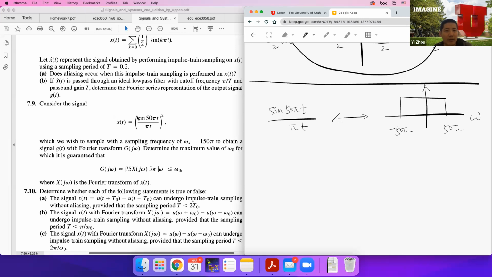And then x(t) raised to the power of 2: we are going to do convolution between two such rectangles. Now taking the Fourier transform, you take the convolution, and you will have a triangle signal. And the bandwidth is 100 pi.